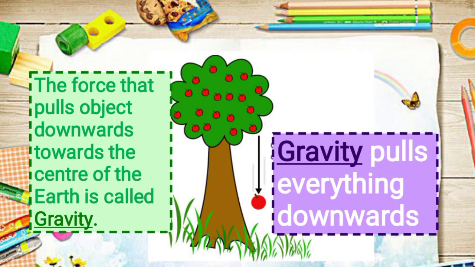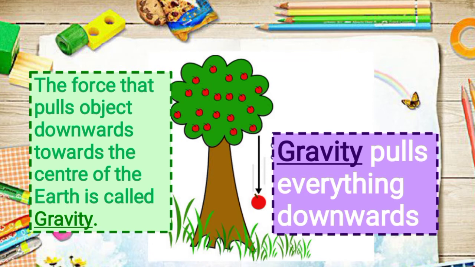Now let's understand what is gravity. Gravity is the force with which objects are pulled downwards towards the center of the earth. For example, what happens when we throw a ball up into the air? Yes, it first rises up, then seems to stop, and then falls to the ground.